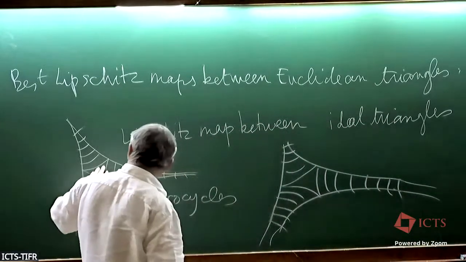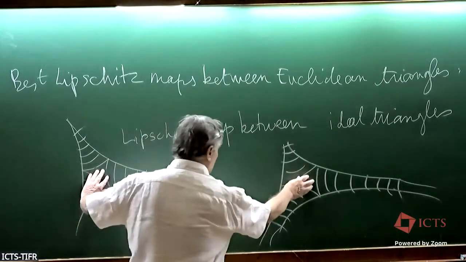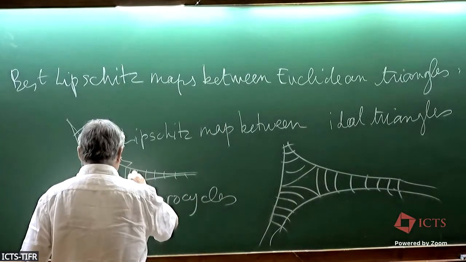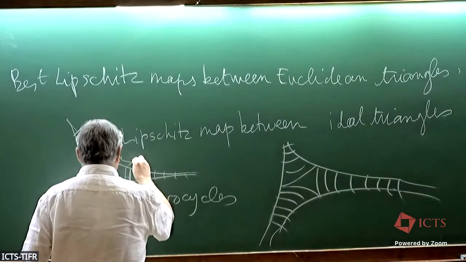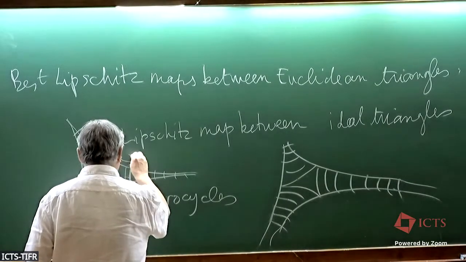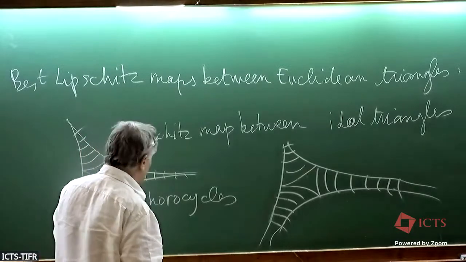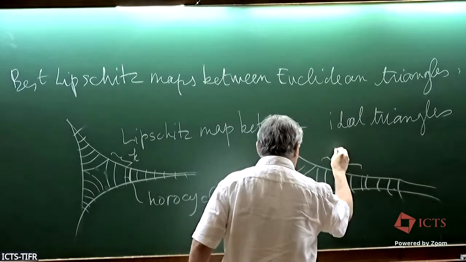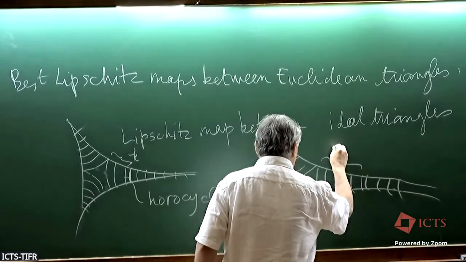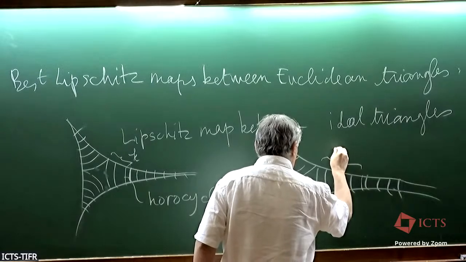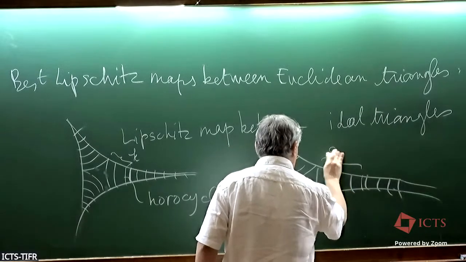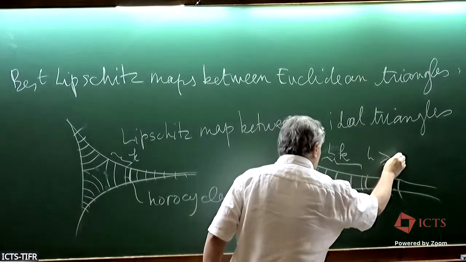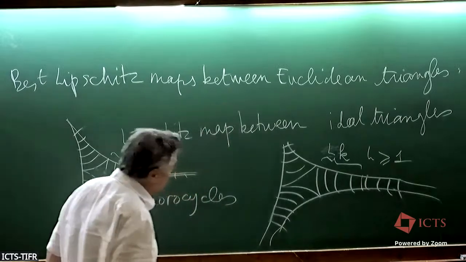This central region is sent to this central region, and then a piece of horocycle at distance k from this central region is sent to a piece of horocycle at distance Lk, where L is greater or equal to 1.